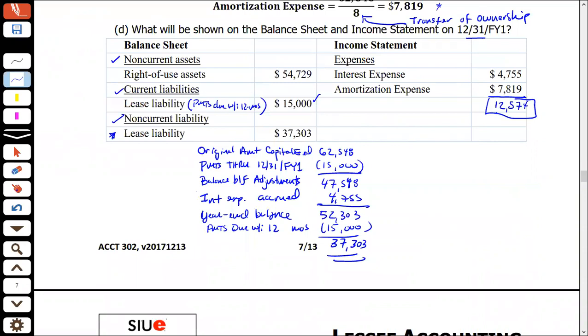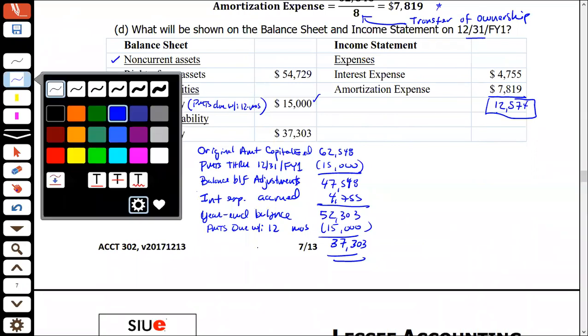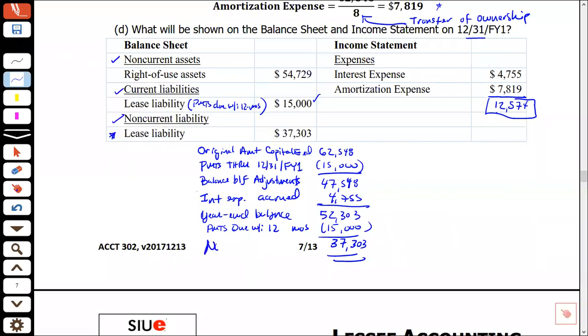So what you have to do is take your 47,548 balance, add the accrued interest, and subtract out the payments due within 12 months to get the non-current liability. So it's the long-term liability. I think that's the most confusing thing of all of it.